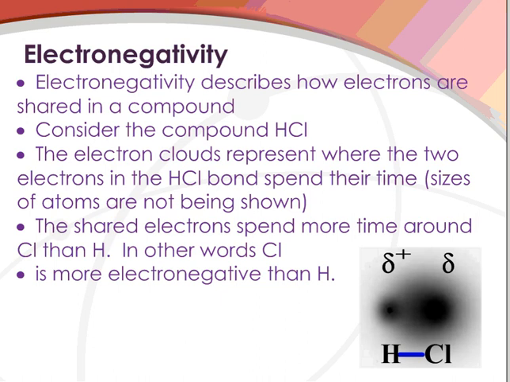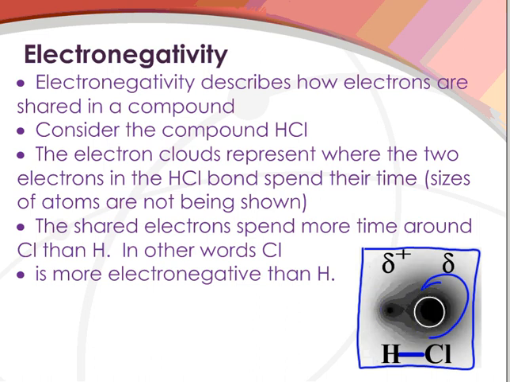The electron clouds on your diagram in this little box represent where the two electrons in the hydrochloric acid bond spend their time. You can see they're darker on this side of the diagram than over here. That means that the electrons spend more of their time around the chlorine nucleus than around the hydrogen nucleus.